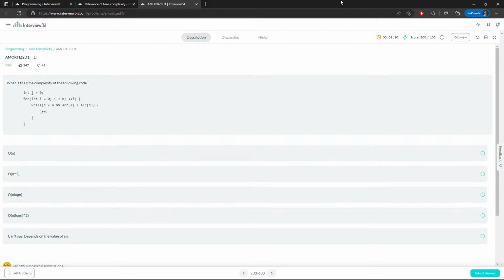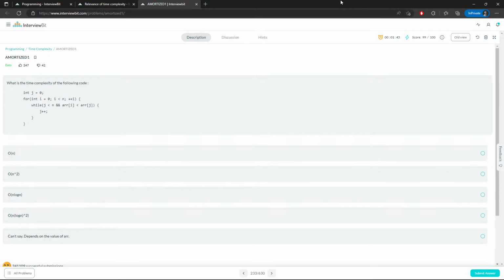Does it depend on the values of array? See, it's an n, so it does kind of depend on the values of array. Let's take the worst case where I is n minus 1 and, oh wait a second, the j is always incrementing, so does it matter?